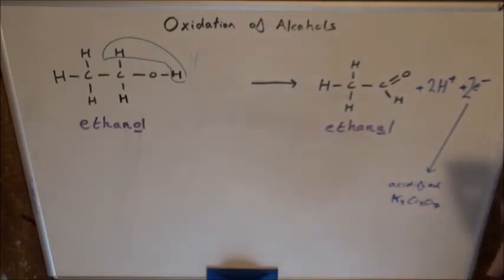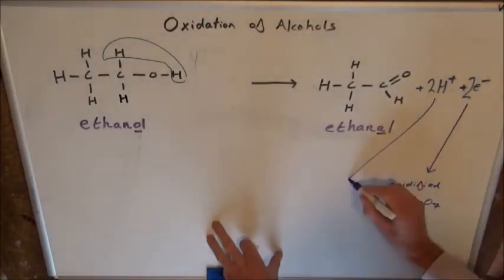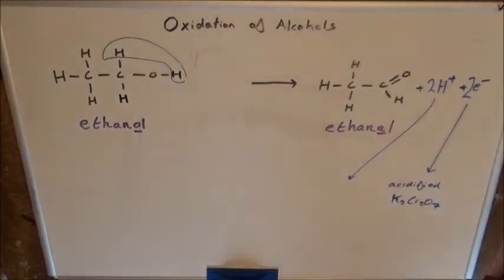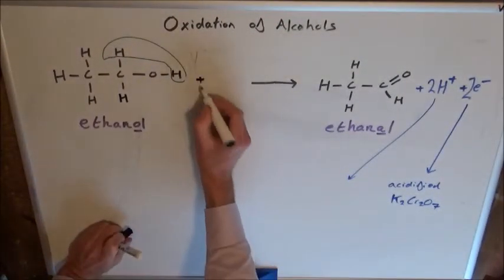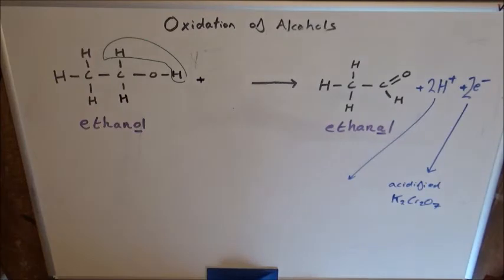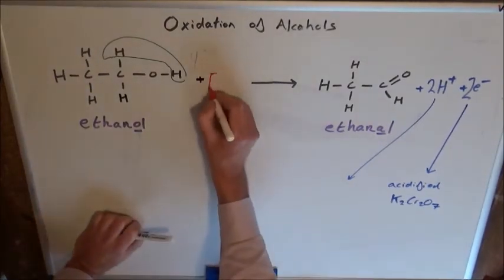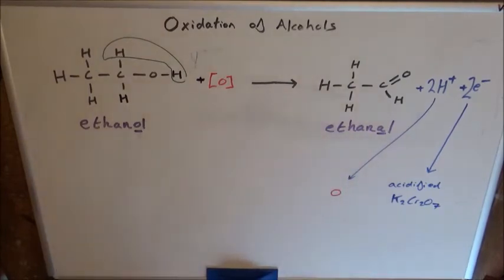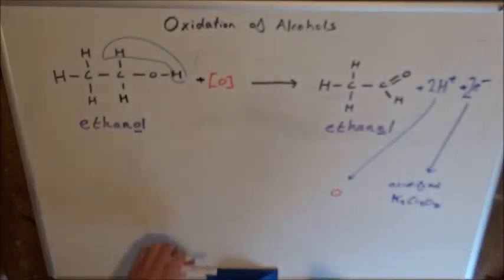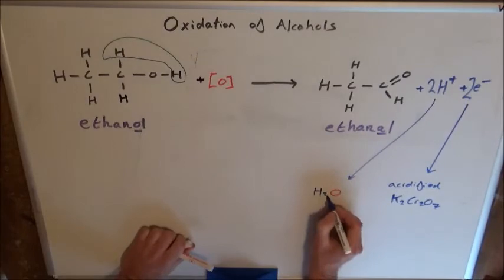And you can think of the hydrogens as combining with the oxygen. If I now write my oxygen atom up here, then you can think of the two protons as combining with the oxygen to make H2O.